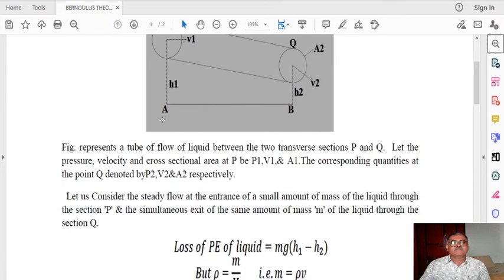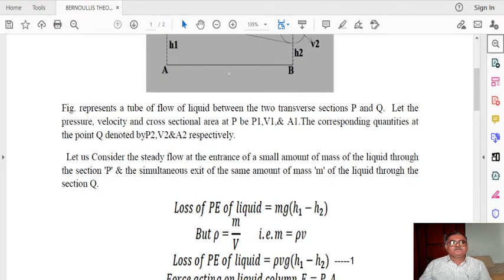Let us consider a steady flow. A small amount of mass M of the liquid enters through the section P, and the same amount of mass M simultaneously exits through the section Q. In this journey of the liquid, there is a loss of potential energy.